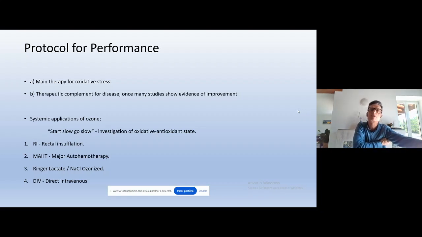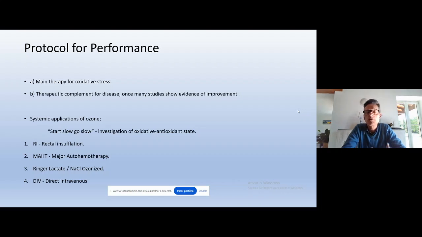And we also have some studies made with humans, for example, one with arthrosis of the temporomandibular joint, where they also used a systemic approach, showing positive results.